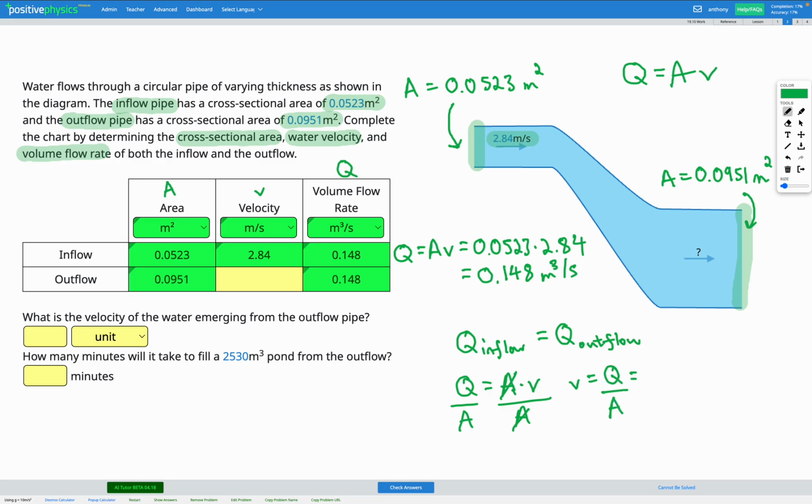So putting in our numbers, our volume flow rate is 0.148. Our cross-sectional area is 0.0951. So our velocity, if we put that in our calculator, is 1.56 meters per second.